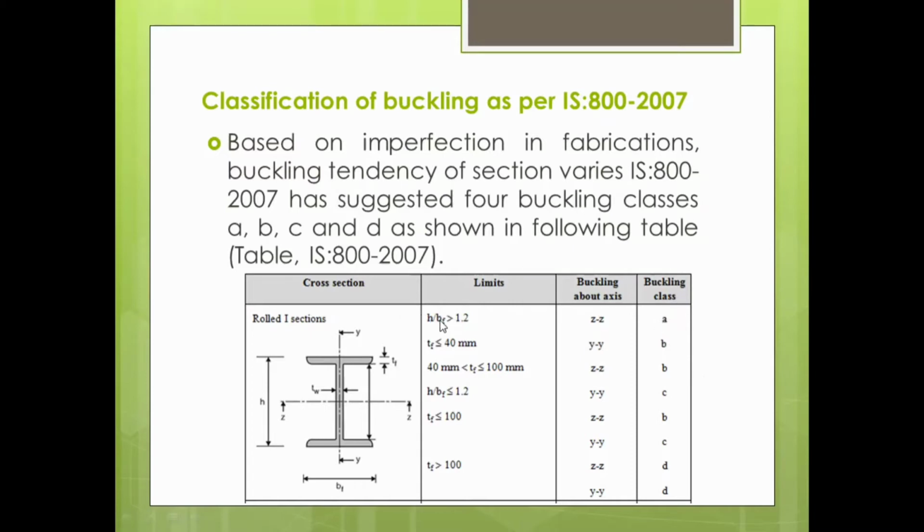If the H by BF ratio is more than 1.2, the particular section will be classified as class A section. Then if thickness of flange is less than or equal to 40, class B will be there. If thickness of flange is in between 40 and 100, buckling class will be class B.